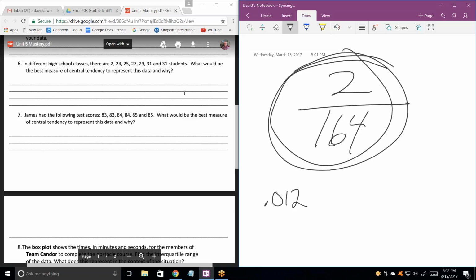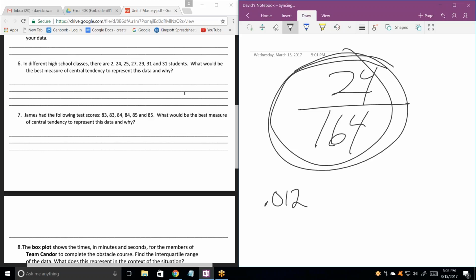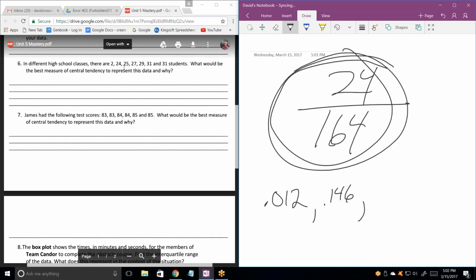And now what's 24 divided by 164? It's 0.146. And now what's 25 divided by 164? 0.152. Get what I'm doing?